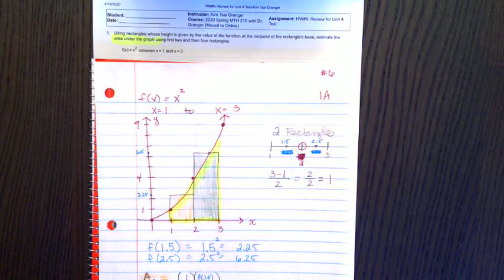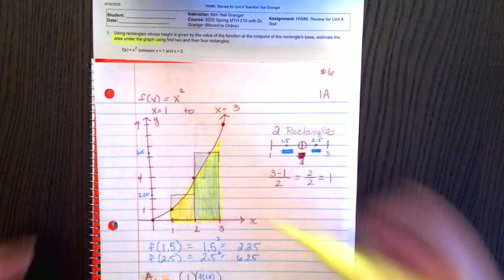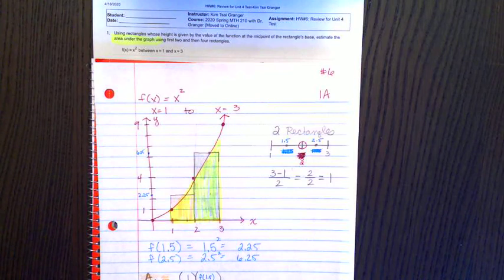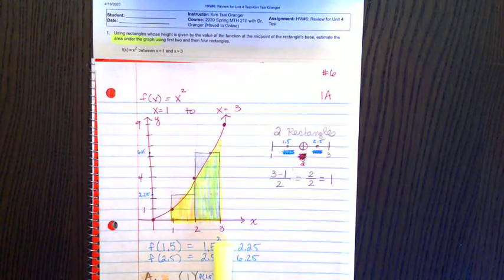We have formulas for the area of a triangle, a rectangle, a trapezoid, even a circle, but not this funny shape. So here's the process we can use to find the area under the parabola, only going from x equals 1 to x equals 3.